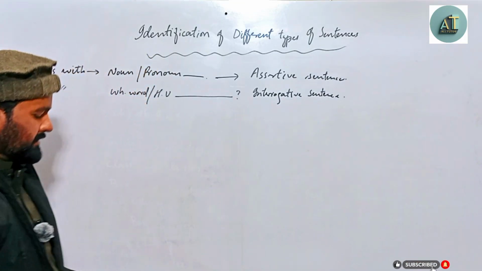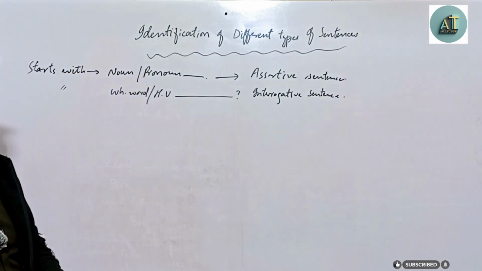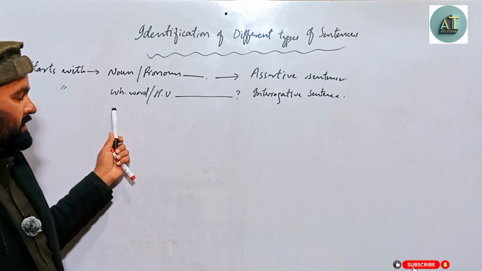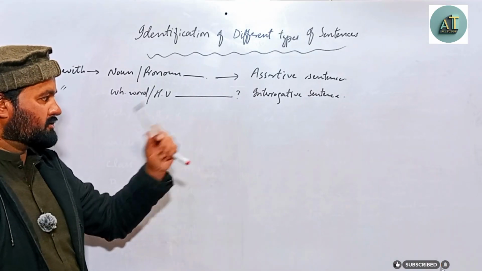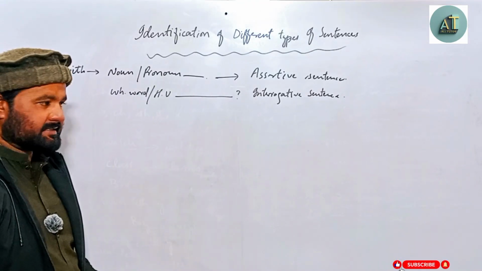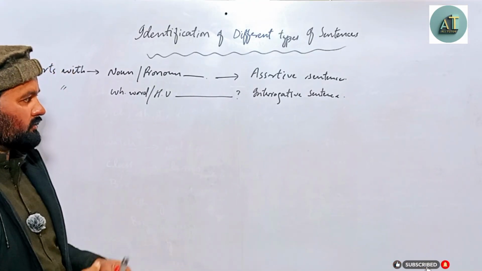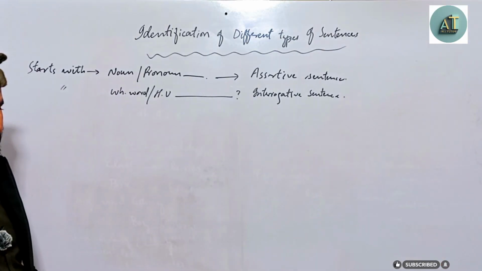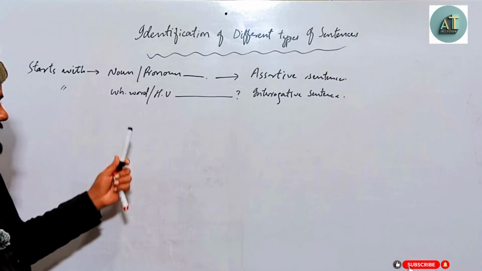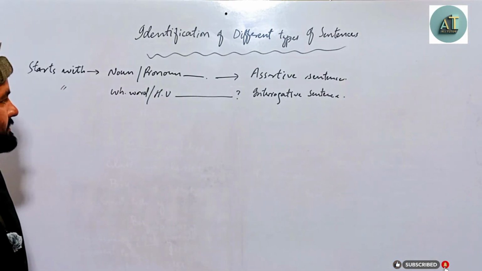So all those sentences that start from any WH word or helping verb are called interrogative sentences. This consists of any question sentence or question statement. All these sentences are called interrogative sentences.